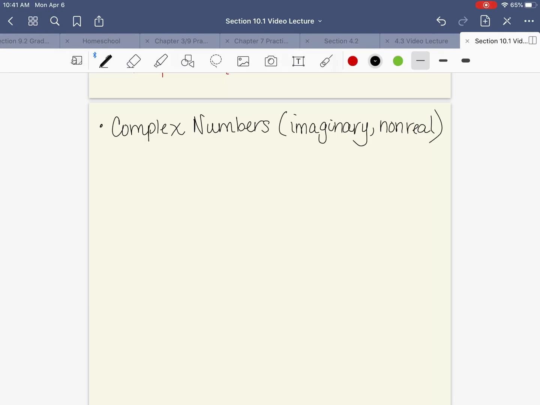Okay, and that's when you have a negative under your radical. So something like the square root of -4. Well, we know the square root of 4 is 2, but because I have this negative under the radical, it makes it imaginary. So I'll say that that is 2i. Or the square root of -25 would be 5i.